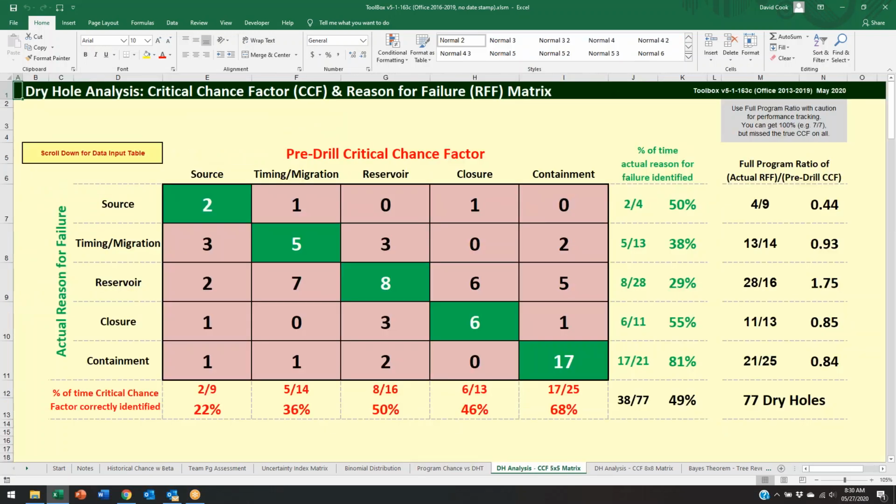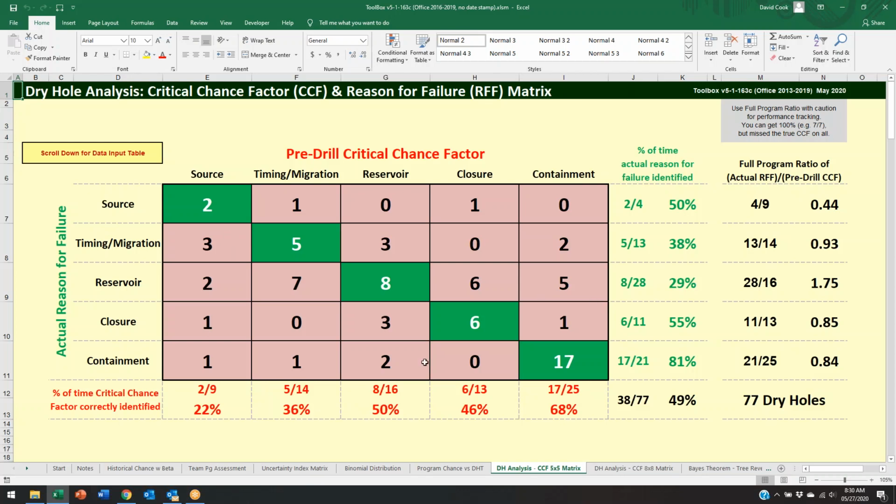Next is the ability to look at dry hole analysis and what is contributing to failure associated with a program of wells. This is quite useful for helping you understand if there are technologies that might be brought to bear to better reflect the likelihood of success and failure associated with a particular component.